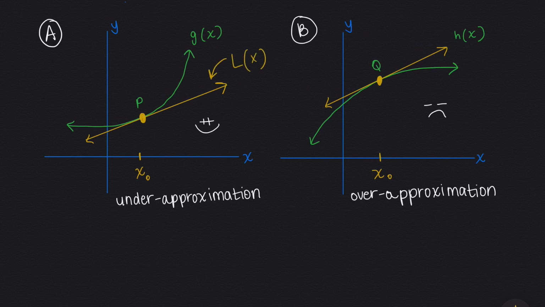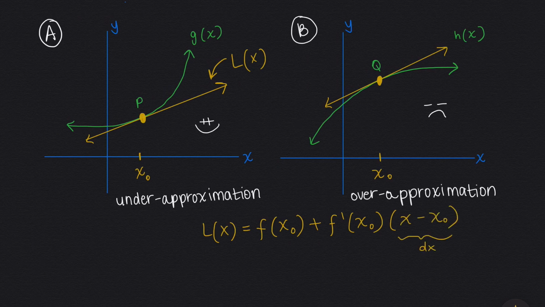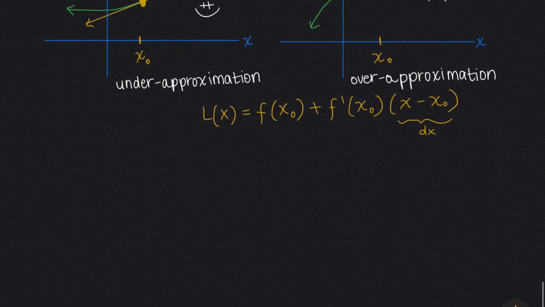And remember, L of x is equal to f of x naught plus f prime of x naught times dx, or x minus x naught, that being our change in x, which is equal to our differential of x. Now, I want us to realize that this equation is not absolutely new to us. In fact, notice what we have here. L of x, this is really meant to be the point on our function.